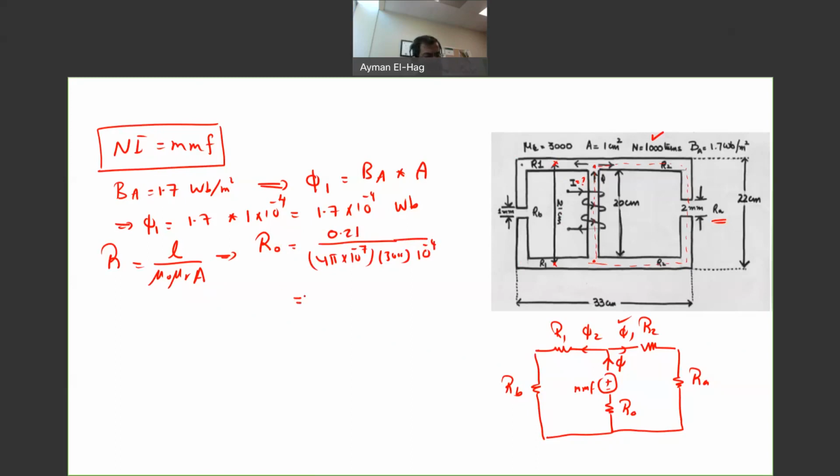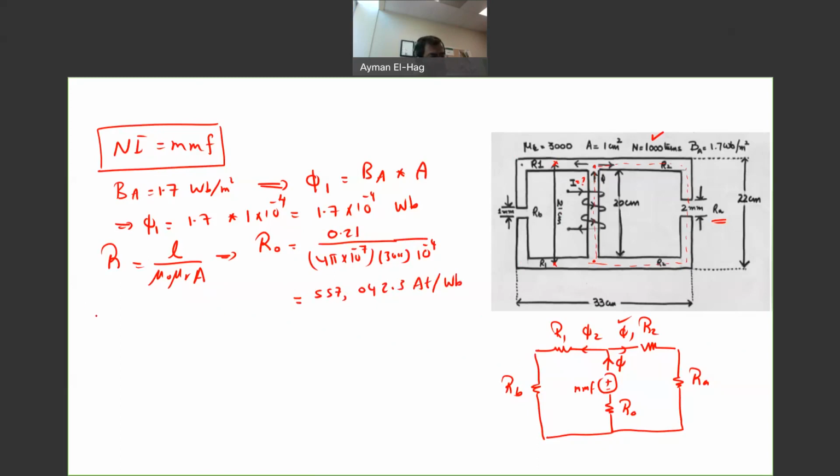Doing the calculations, this gives 557,042.3 ampere-turn per Weber. So I found R0.